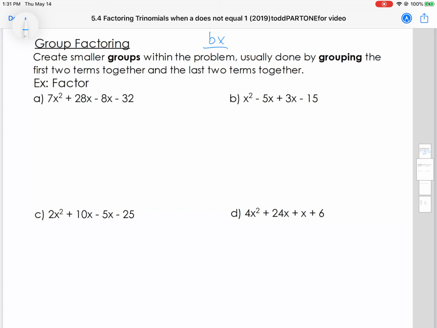All right, so now if we look at our expression here, we have 7x squared plus 28x. Can we find a common factor here? Yes, we can. We're going to divide by 7x, I think is the greatest common factor.